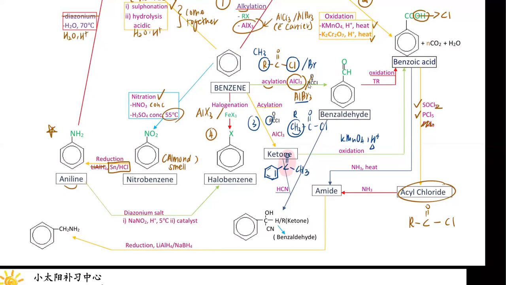No problem. If you want to synthesize amide, you can use concentrated ammonia and heat. Amide will be something like this, C double bond O NH2.